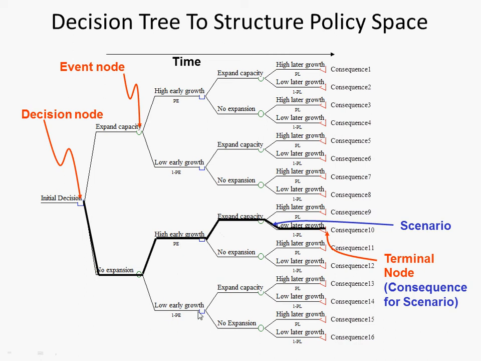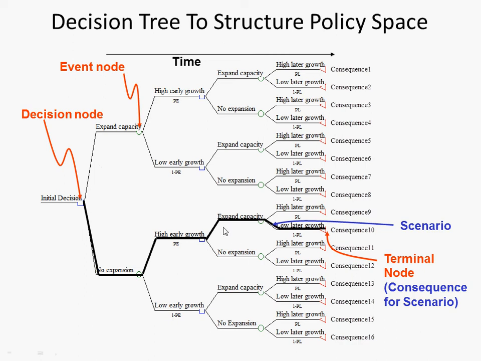So, for example, whether we expand capacity now kind of makes sense if it depended on, for example, have we experienced high growth to this point? Did we expand capacity earlier? For example, suppose we didn't expand capacity early and we saw high early growth, we might really need to expand capacity now. By contrast, if we had not expanded earlier and we saw low growth, we still might need no expansion now.